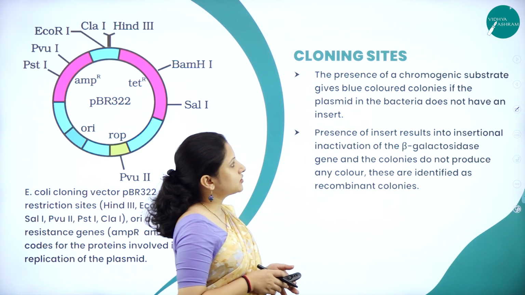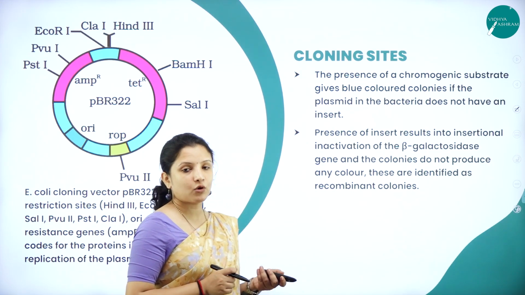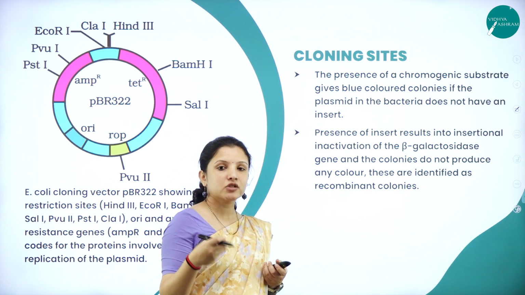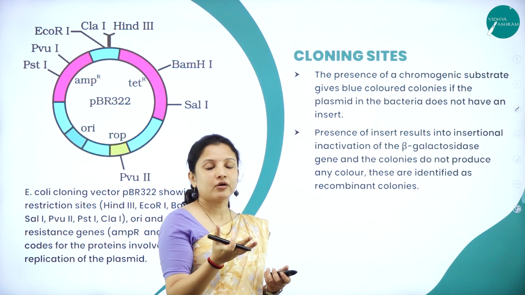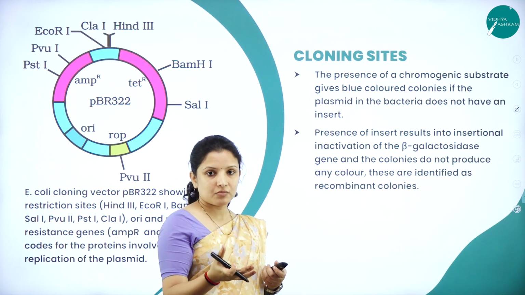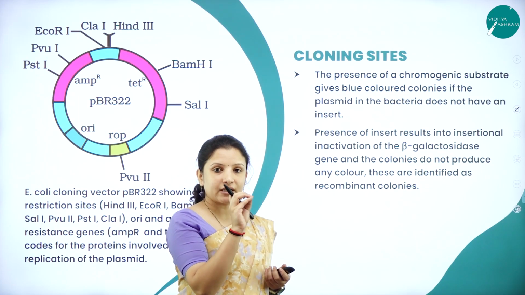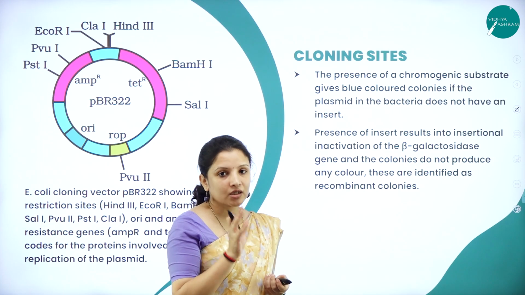Next, in the presence of a chromogenic substrate, it will give blue colored colonies. Along with that, a substrate will be added which will give a blue color. So, wherever blue color patches are seen on the antibiotic media, those regions will be considered to be having bacteria carrying the foreign DNA or the recombinants.